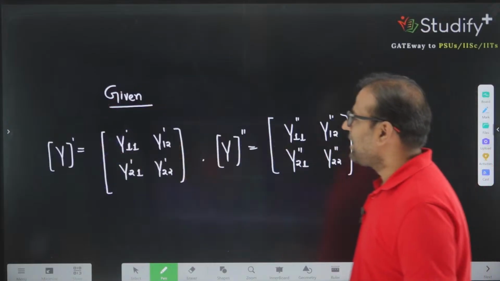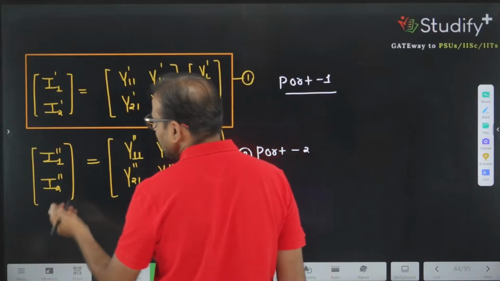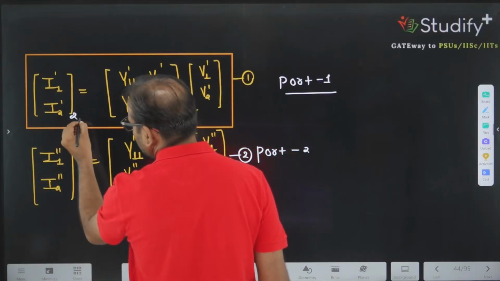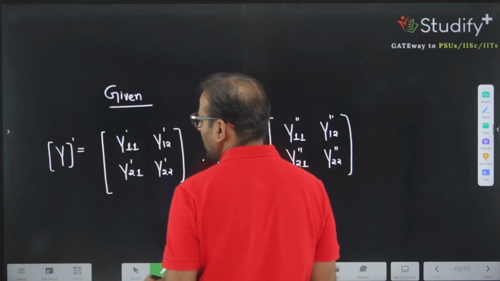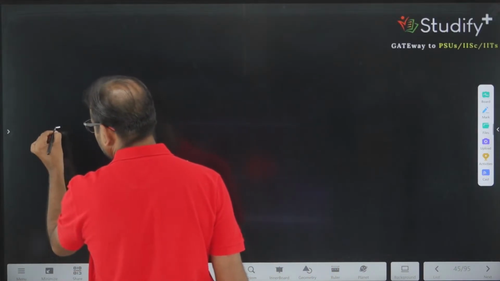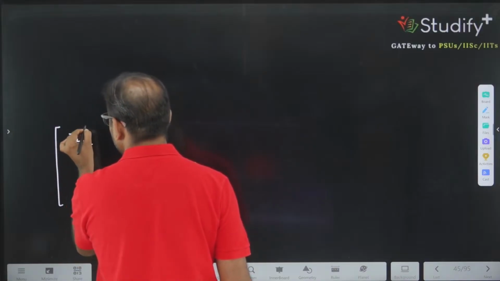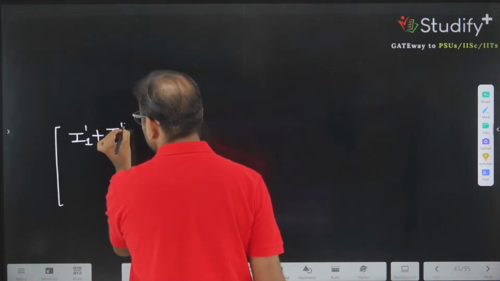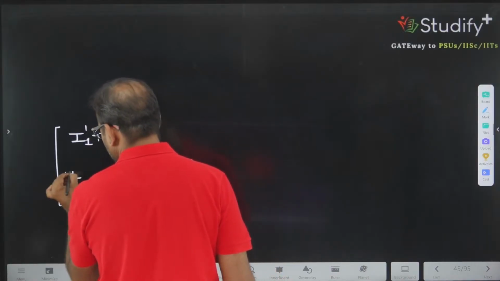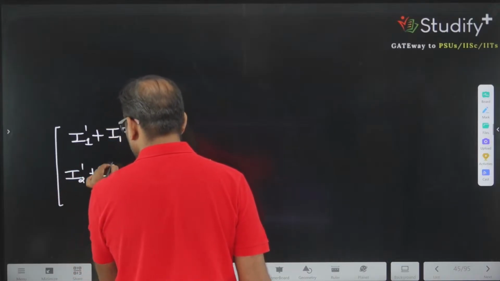So can I say, if we add this, we will add the left hand sides, 2 cross 1, 2 cross 1. So the next equation will be what? I1 prime plus I1 double prime, I2 prime plus I2 double prime.